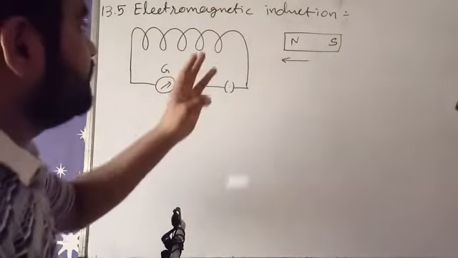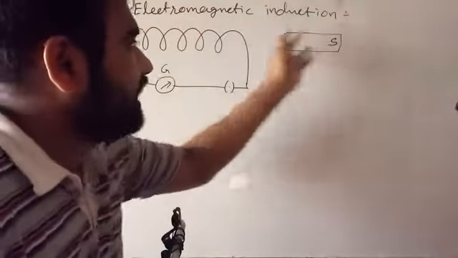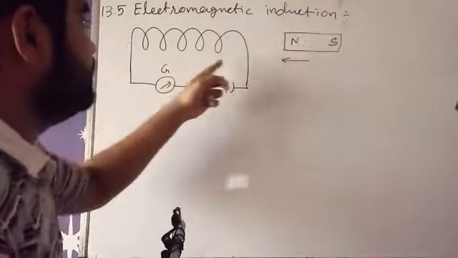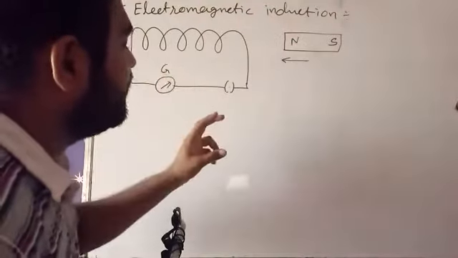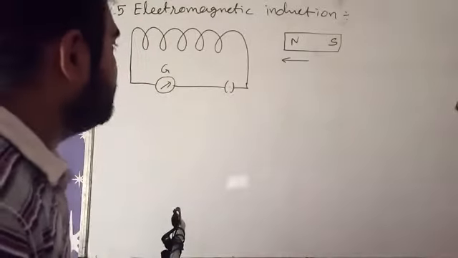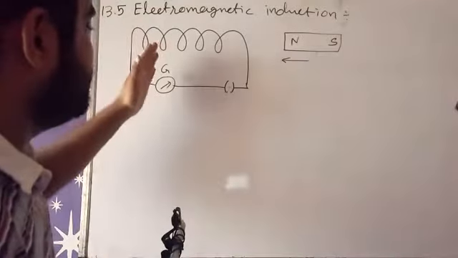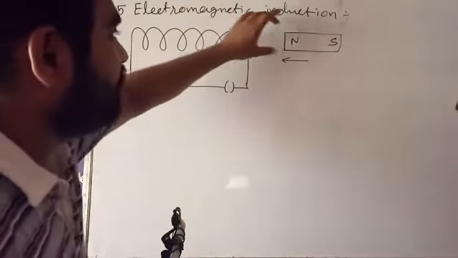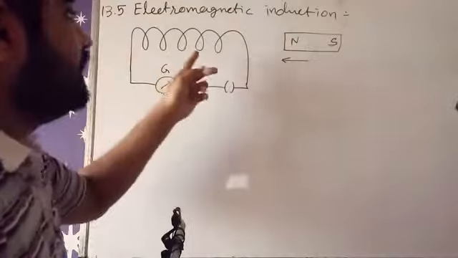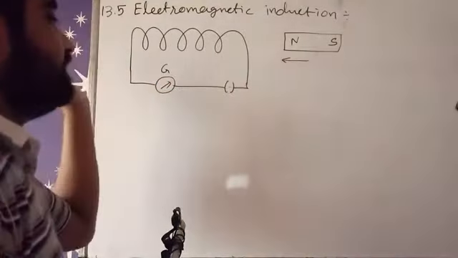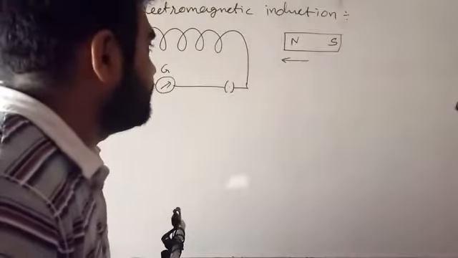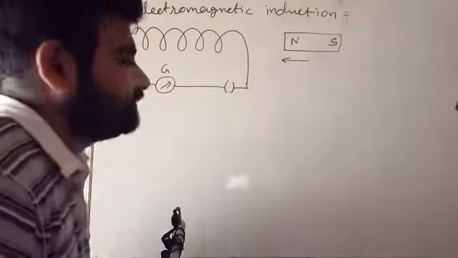And the third thing: whenever I move this bar magnet with the same velocity away from this coil, then the galvanometer deflects opposite to the earlier deflection. If earlier we had a right hand side deflection, now that the bar magnet is moving away from this coil, the galvanometer deflects towards the left hand side, completely opposite to the earlier deflection, right?